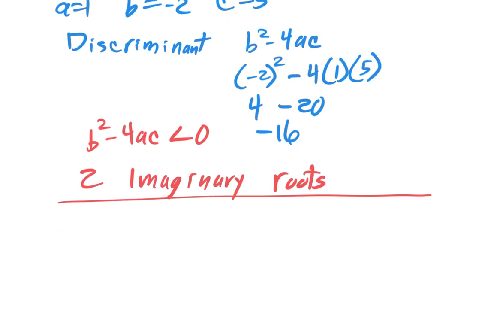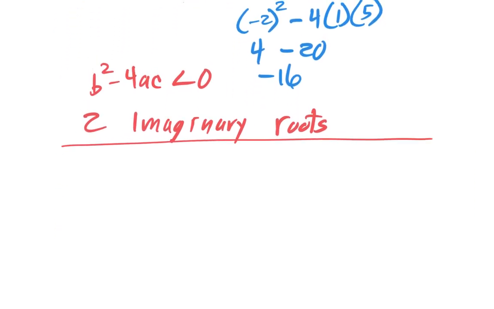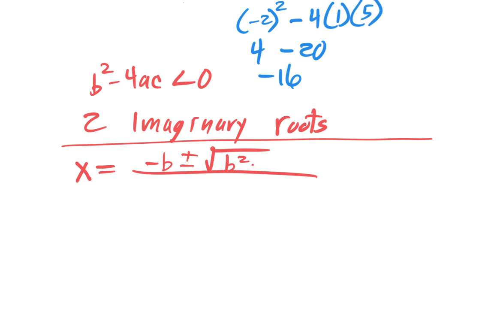Okay, so we've got our discriminant. We're going to do all 3 of these at the same time. So x equals negative b plus or minus the square root of b squared minus 4ac, which we already know, over 2a. So x equals a negative.